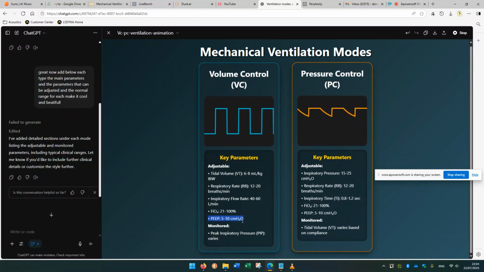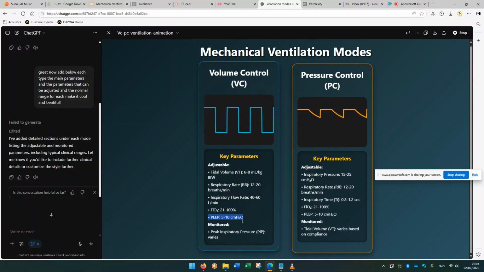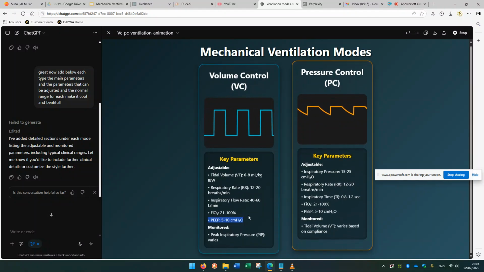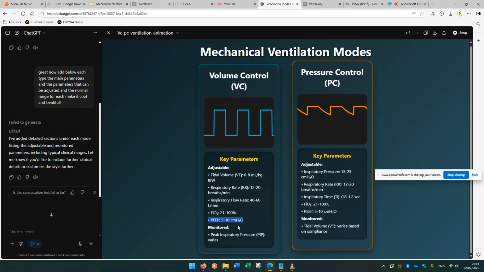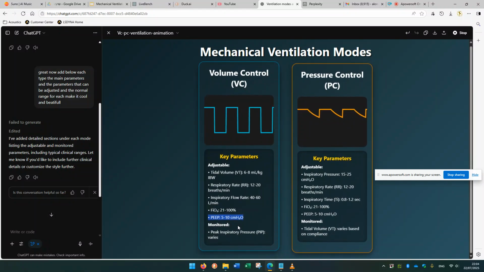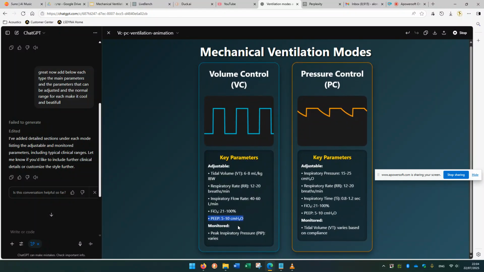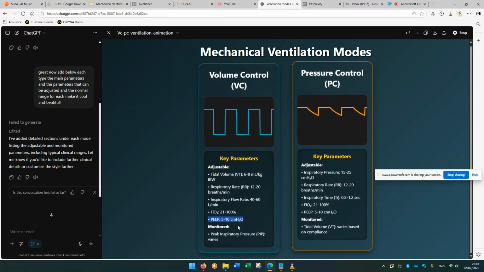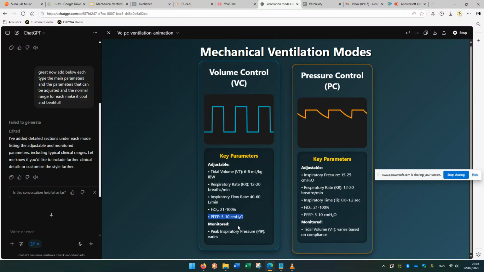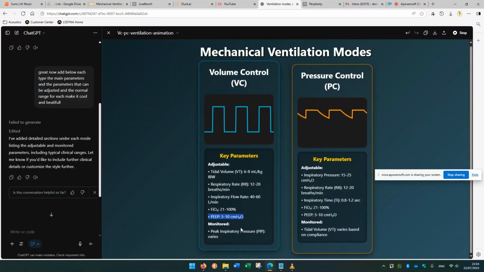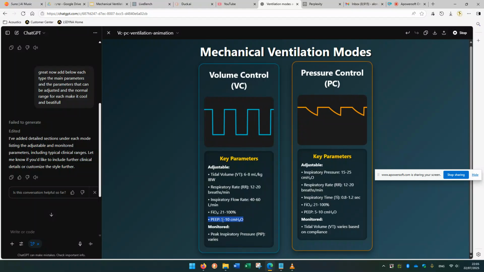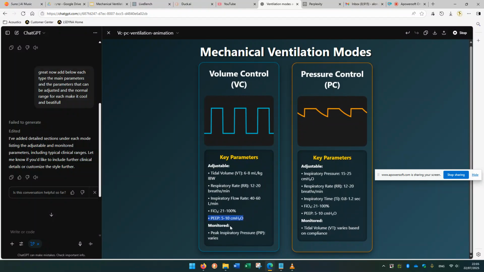This is the pressure that keeps the alveoli open even at the end of expiration in order to prevent atelectasis, in order to prevent the alveoli from collapsing. So we give a little bit of pressure such that the alveoli will keep open, so the ventilation will be better. This is the idea of the positive end expiratory pressure. We set it around 5 to 10 centimeters of water.